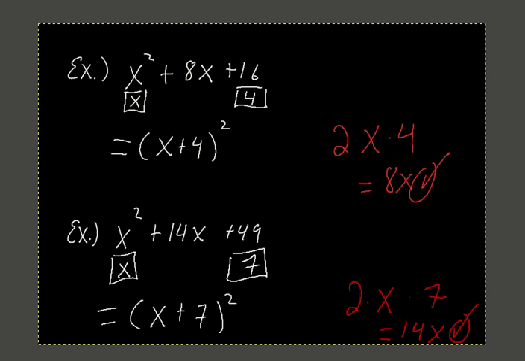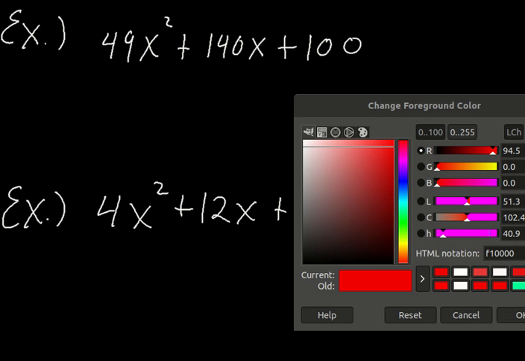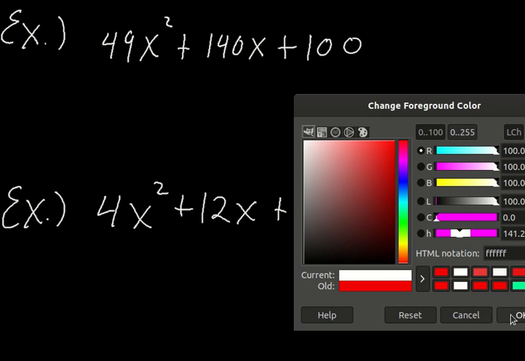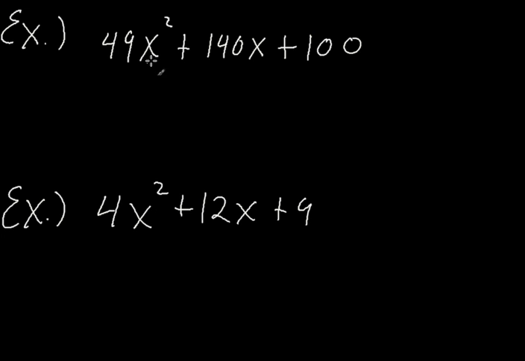That's exactly what we need them to be, so this works. Okay, let's go on. So for this one, very similar. We have 49x squared plus 140x plus 100. Well, if we used other techniques, we'd have to use the AC method, and that's going to be very painful to do because we'd have to find the factors of 4900 that equal 140.